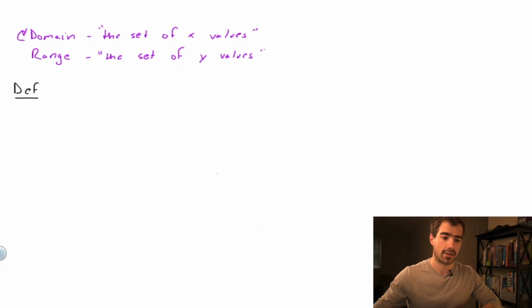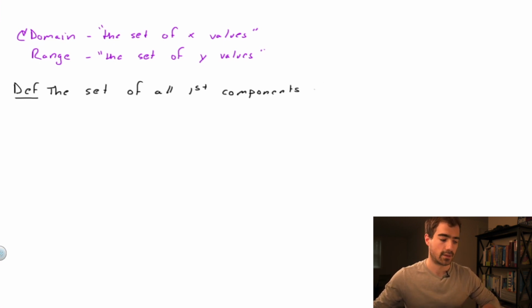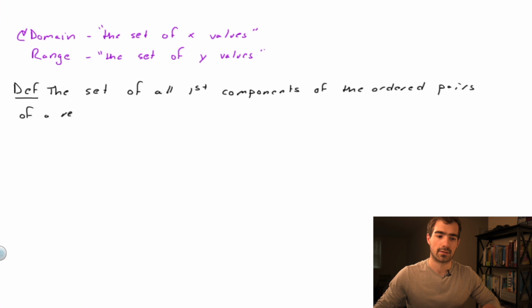And so we'll say the set of all first coordinates or first components. I should really say components. Coordinates is specific to the graph. But the set of all first components of the ordered pairs of a relation is called the domain.